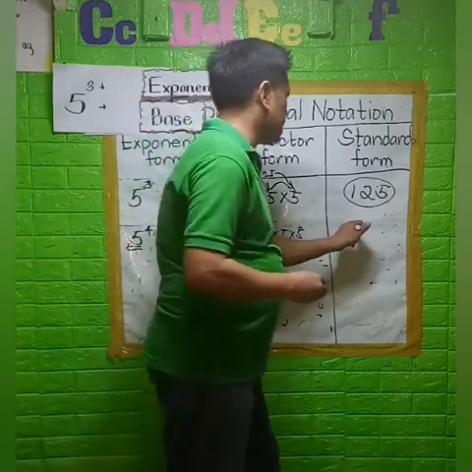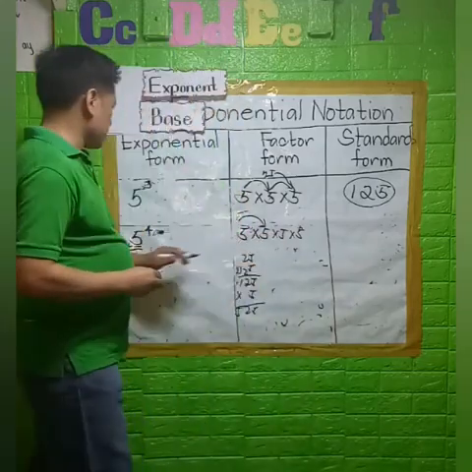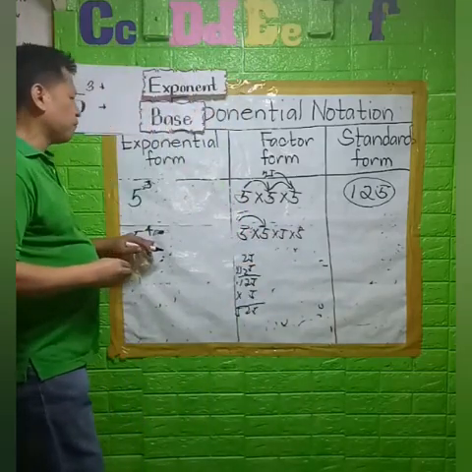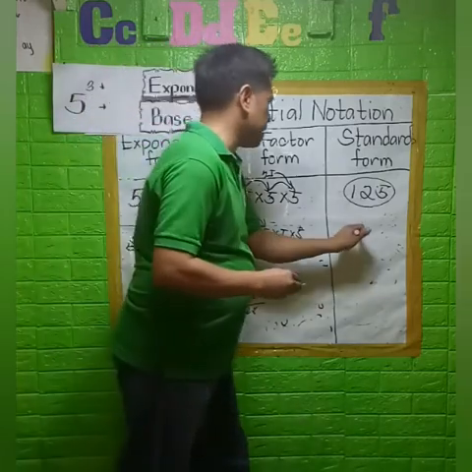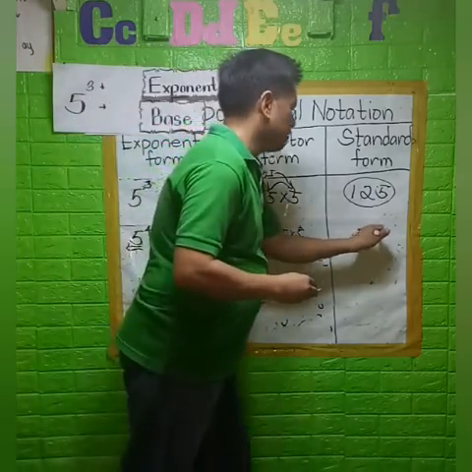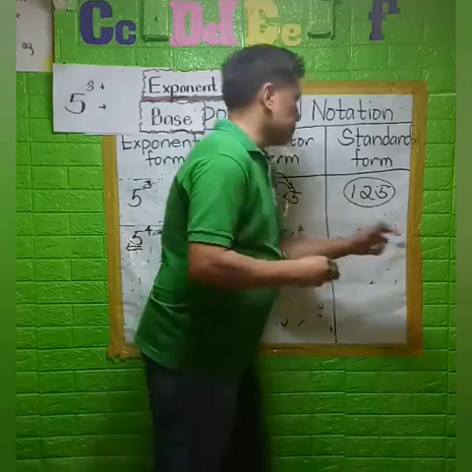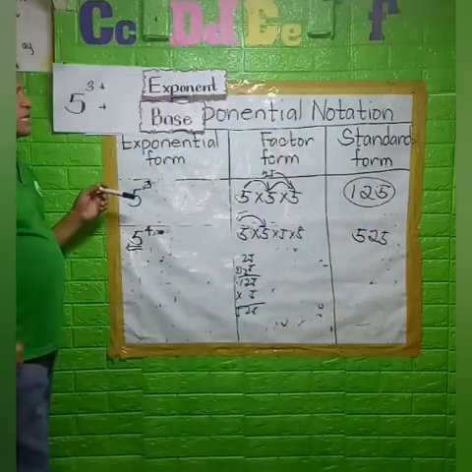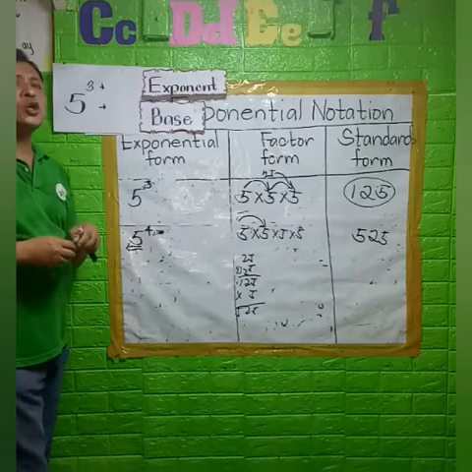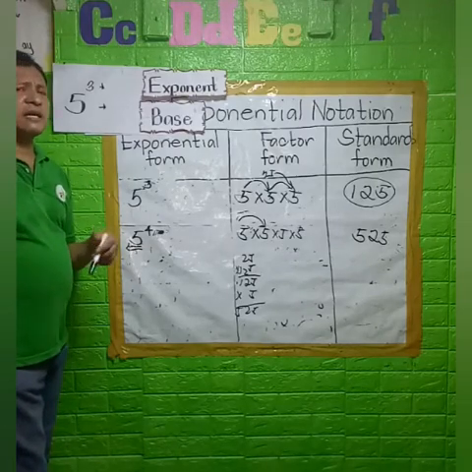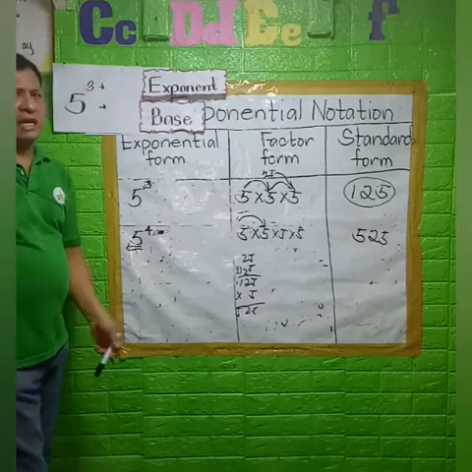So, the product of 5 to the power of 4, or 5 times 5 times 5 times 5, is 625. With the use of this exponential notation, we were able to solve the mathematical equation more easily.